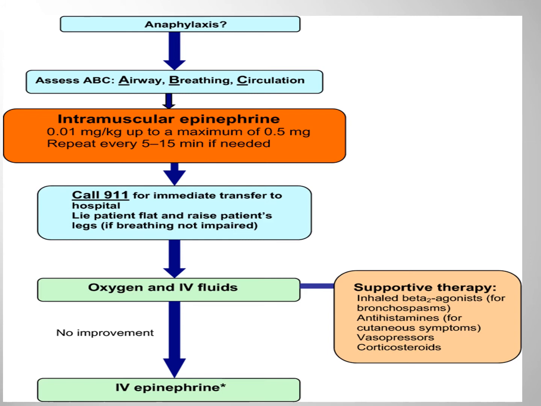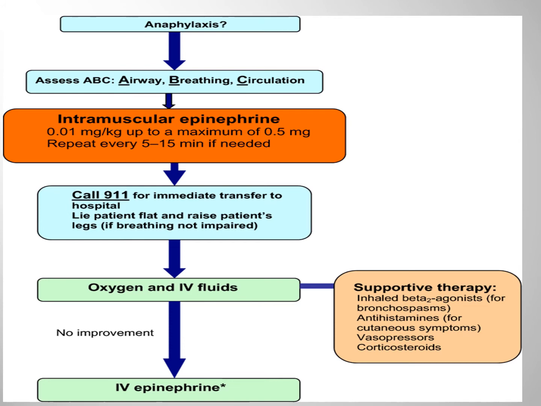At the hospital, giving oxygen if they're hypoxic. Typically, if their O2 saturation is less than 95% is typically abnormal, but certainly less than 90% they would be receiving oxygen. Intravenous fluids to maintain blood pressure if they're hypotensive.